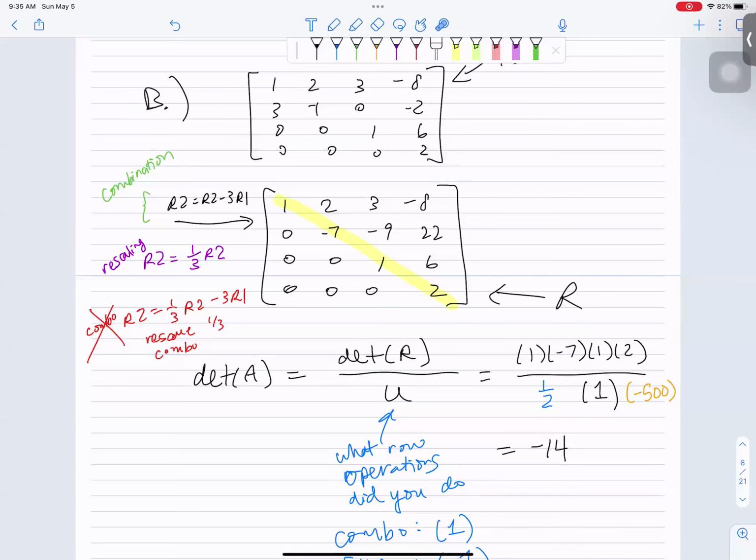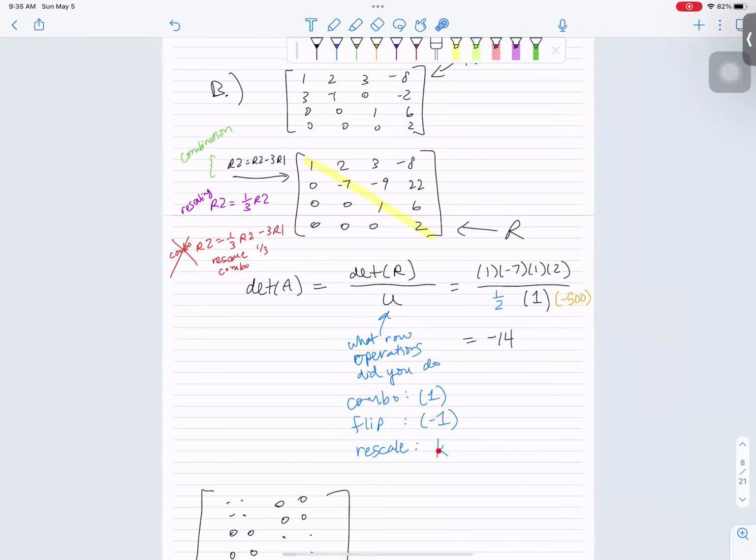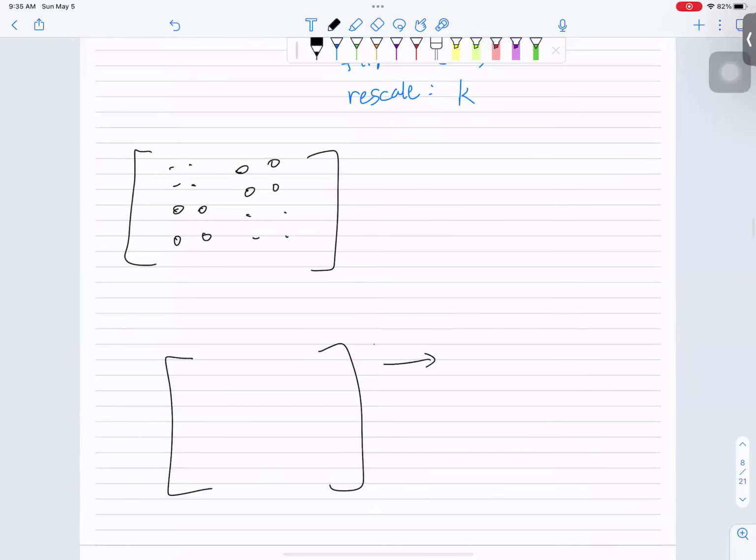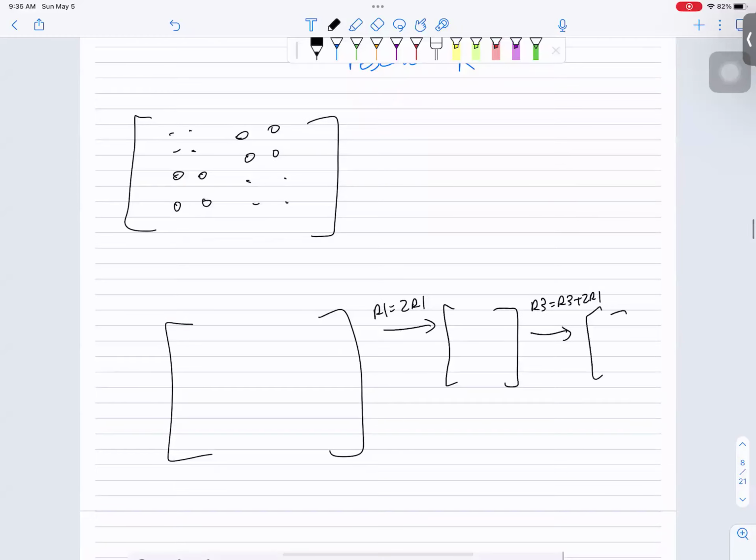I had a question. What if they're different row operations? Like you did maybe 3 or 4 different row operations. What would you do in that case? Yeah, so say I have a matrix and I do row 1 is 2 row 1 and I get something. Say I then did row 3 is row 3 plus 2 row 1, and I get something.